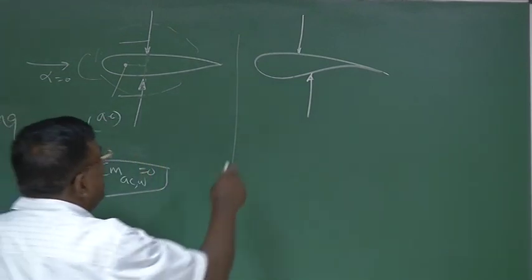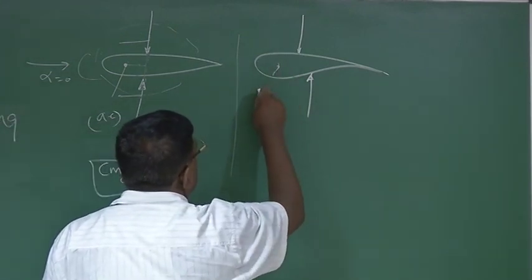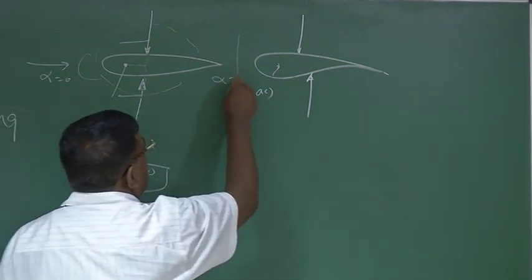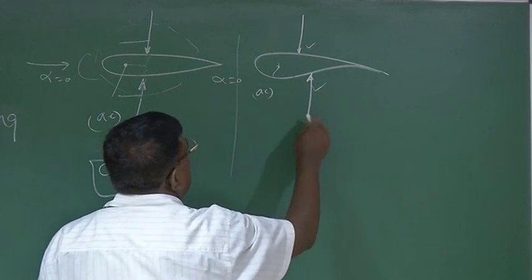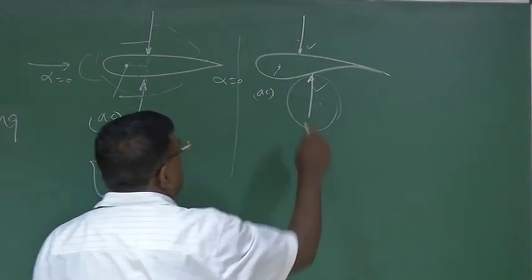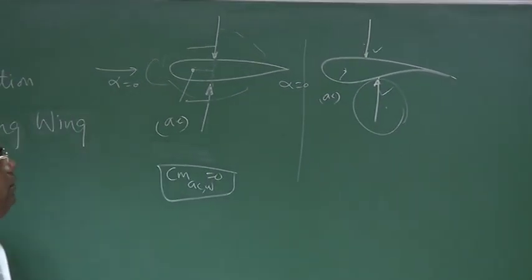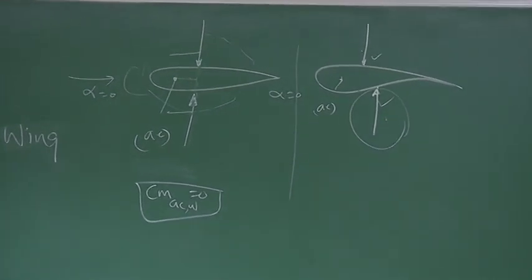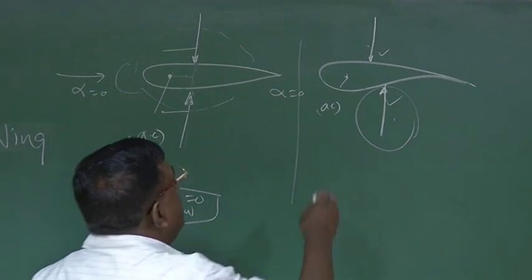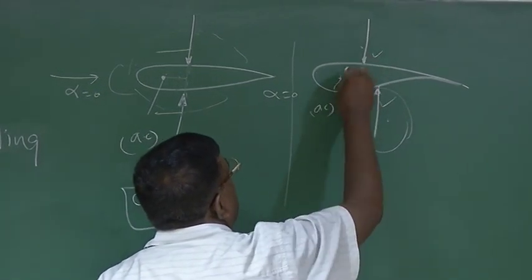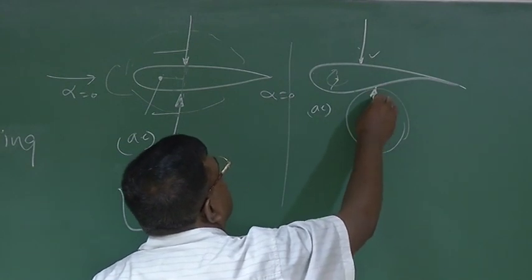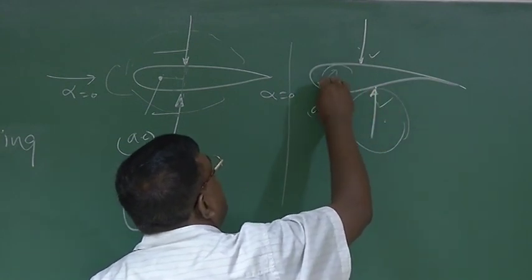So when I transfer this to the AC, you can very well see that at alpha equal to 0, since these two magnitudes are not the same, in fact this is more than this, there is a positive lift at alpha equal to 0. Also, when I transfer this force from here to here, I have to give a moment like this.